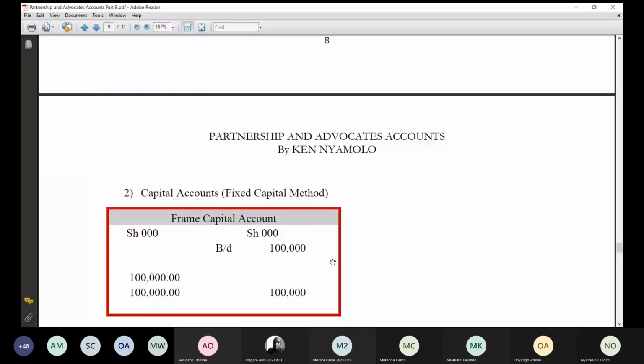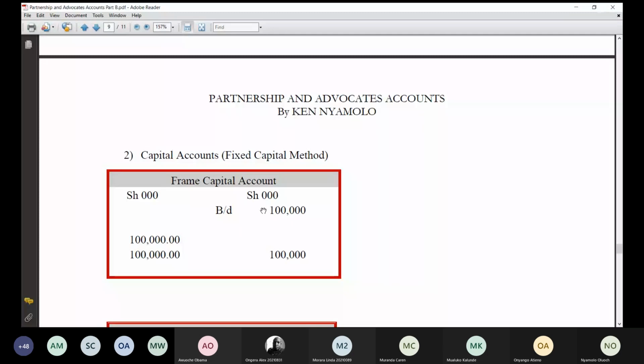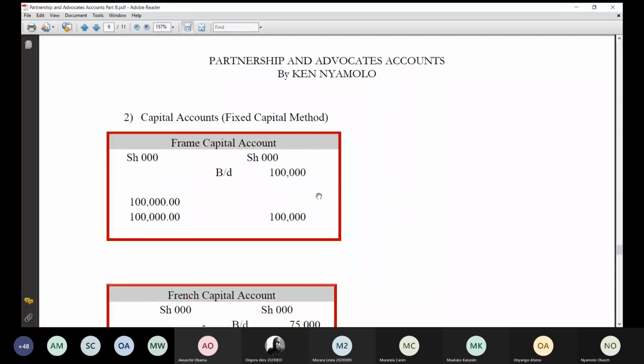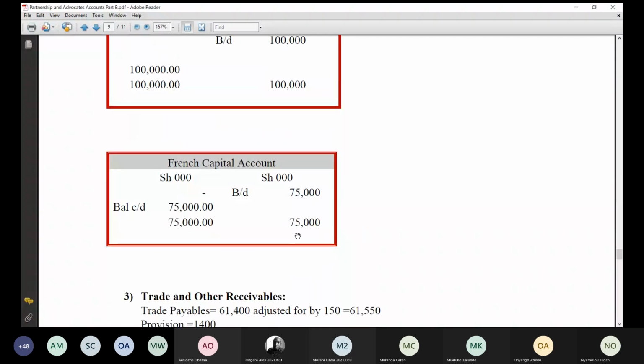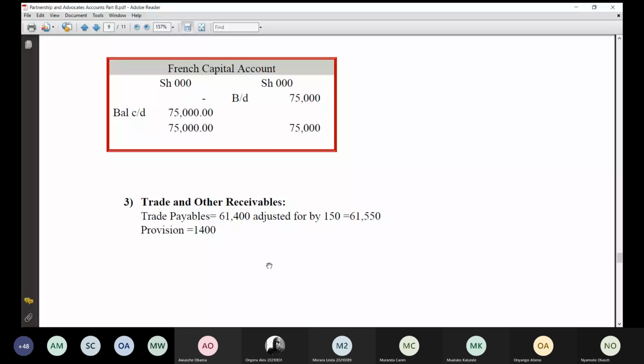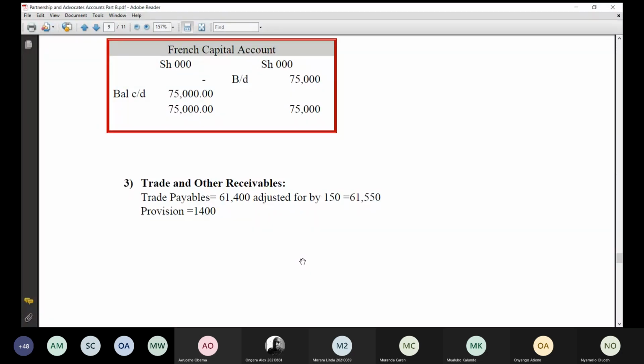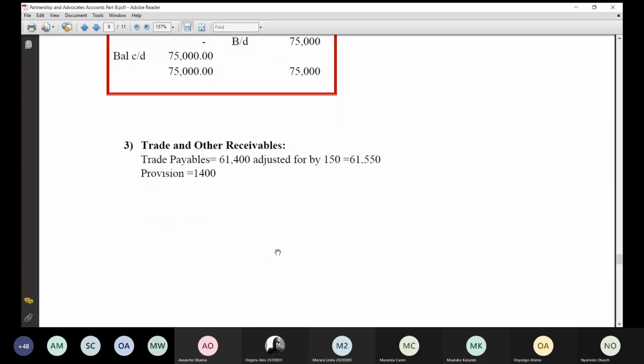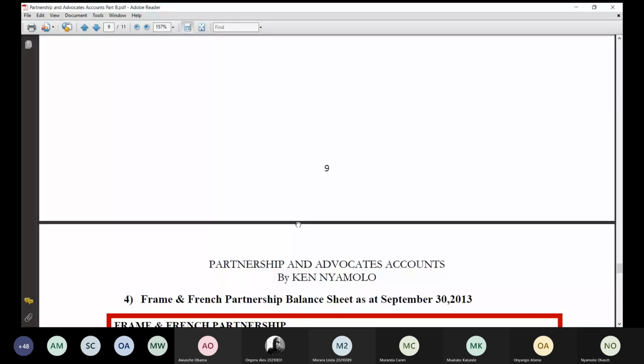Of course, for the fixed capital account, we said it is fixed. We are assuming that we are not affecting it, so their capitals would remain intact at 100 for Frame and 75 for the other one. Of course, for your trade payables, there was a 150 that we had not adjusted. We are adjusting that and that provision at that point.